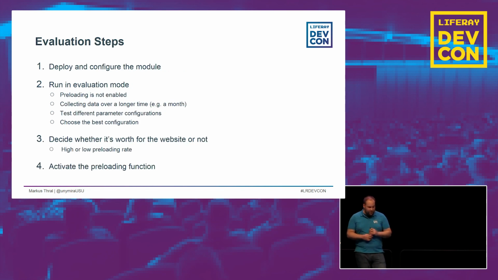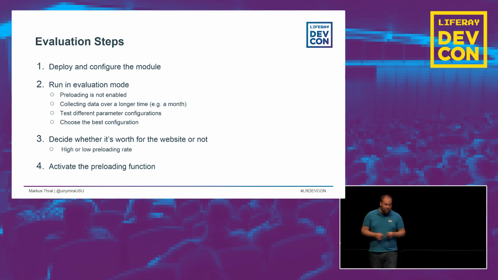This is done very easily. You deploy and configure the module and run it in evaluation mode. Evaluation mode means that preloading is not enabled, and the module collects and stores all the data. So you can test different parameter configurations and choose the best one. Then you have to decide whether it's worth it for your portal or website.